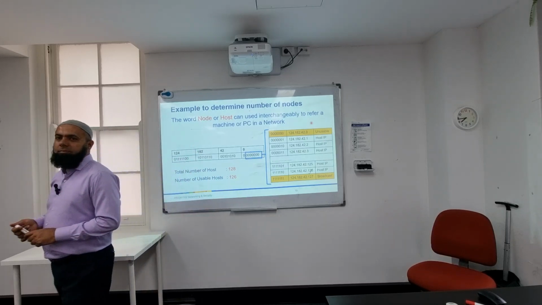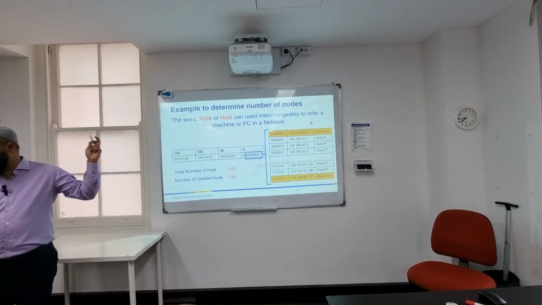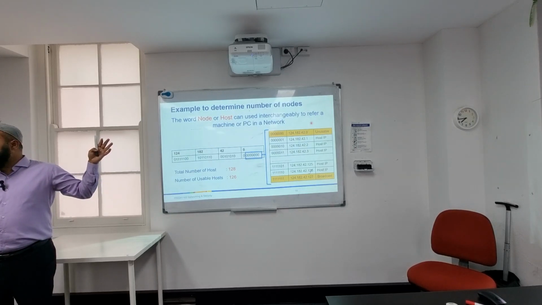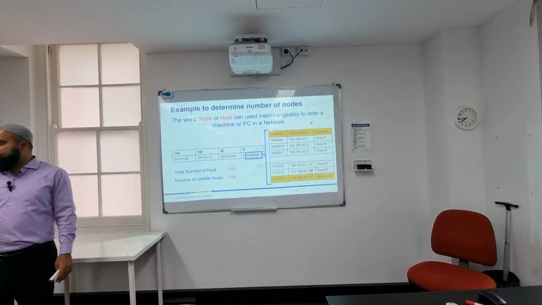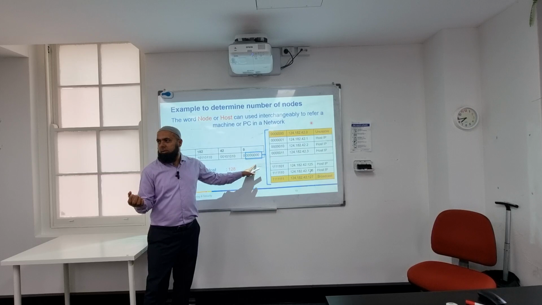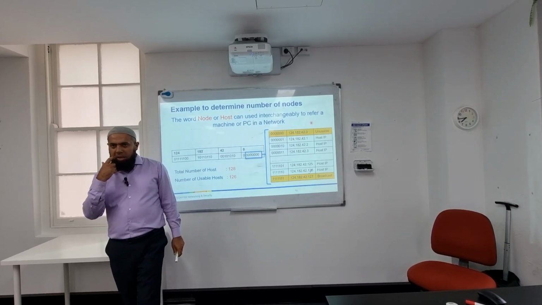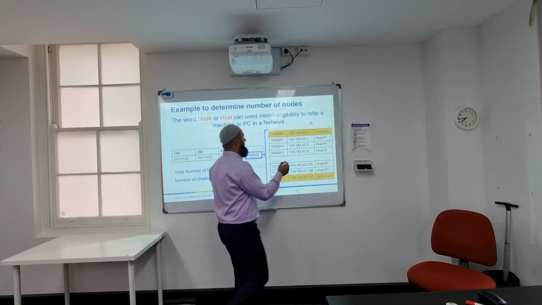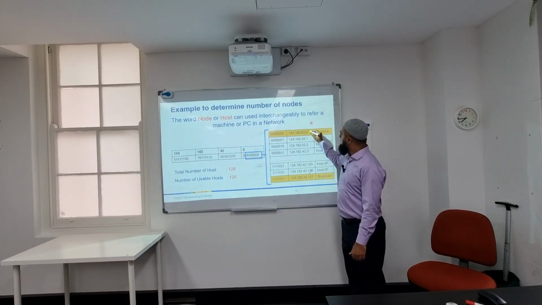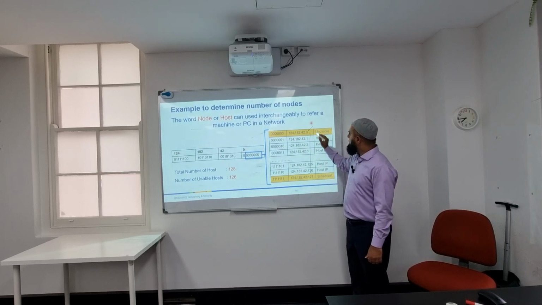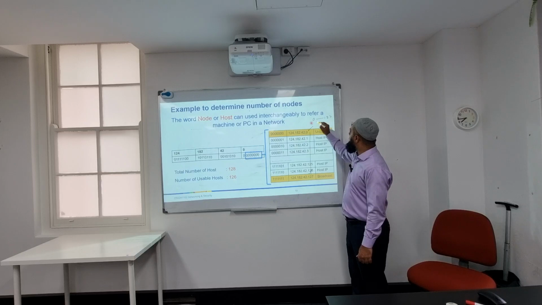Yes, same example we are carrying forward. 1 to 2 power 7, 128. 7 zeros are free, which we are going to use. 7 bits are free, which we can use. So it means that in that whole network, my IP addresses can start from here and keep moving up till 127, because 0 to 127 is 128 in total.